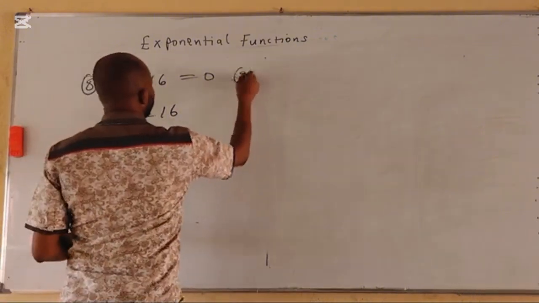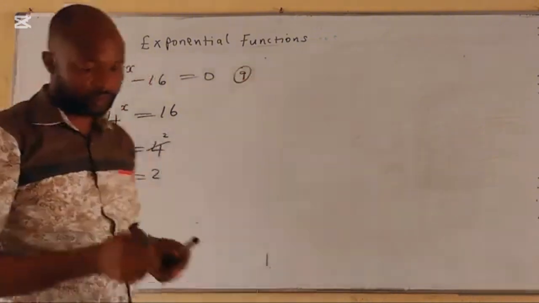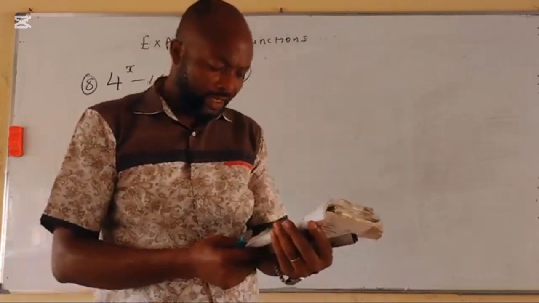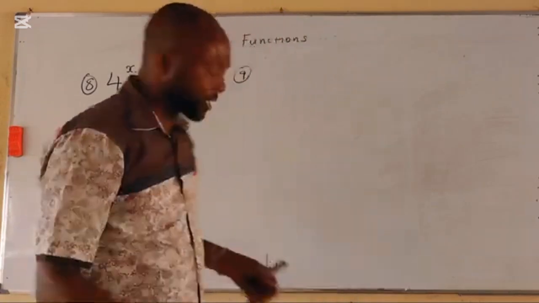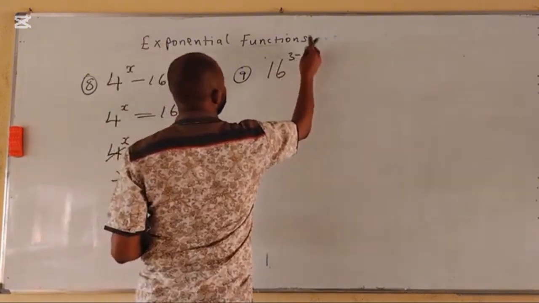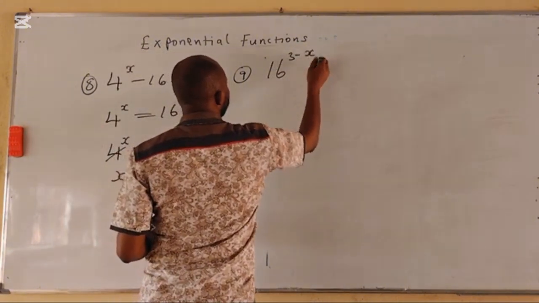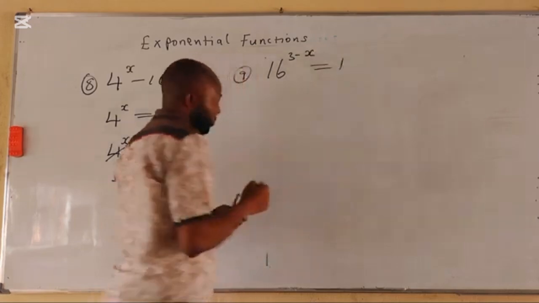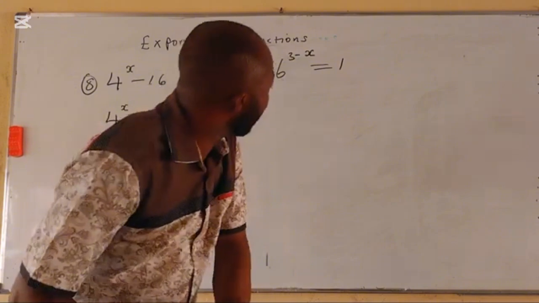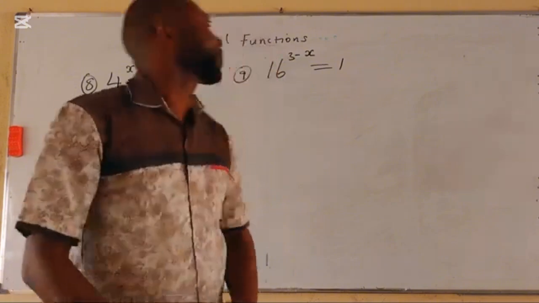9th question. 16 raised to the power 3 minus x is equal to 1.